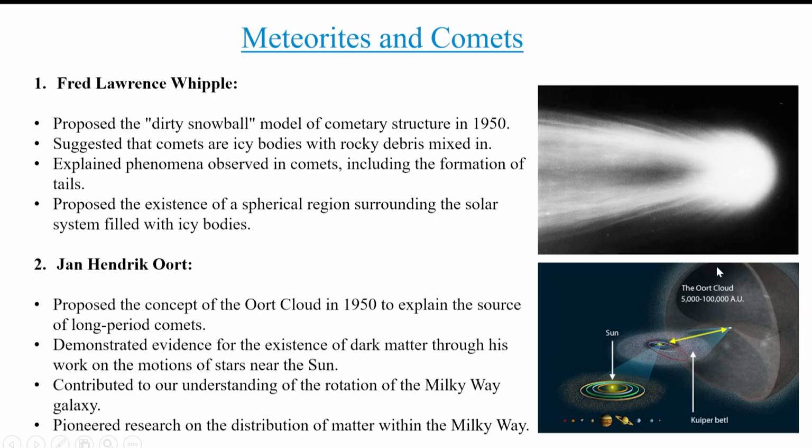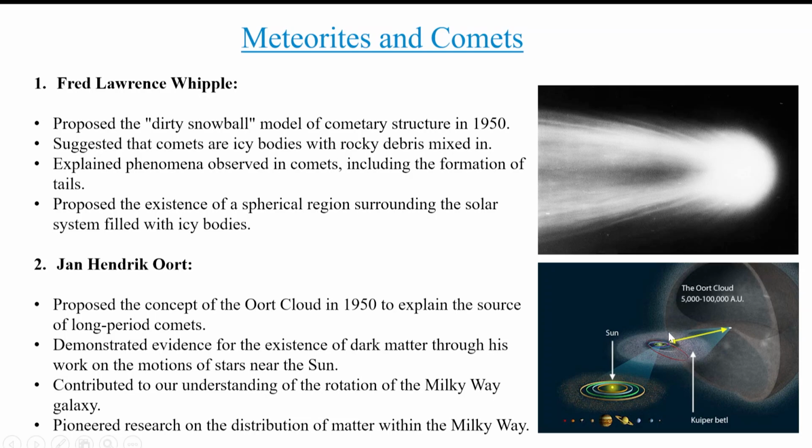So here you can see this diagram. It shows our solar system, and this is the enlarged view at the center of the solar system, where you have the sun surrounded by the different terrestrial and Jovian planets, and then you have the Kuiper belt, which is about 30 to 50 astronomical units away from the sun.